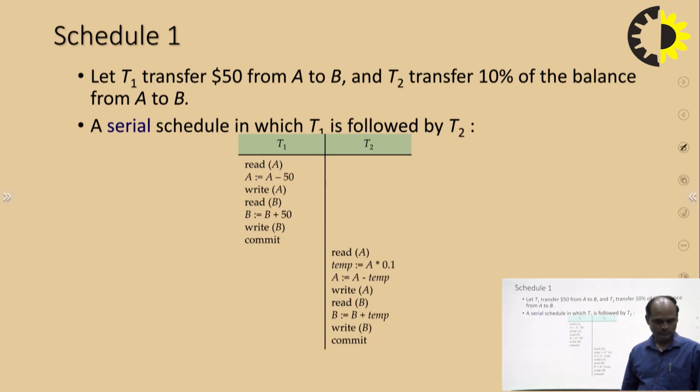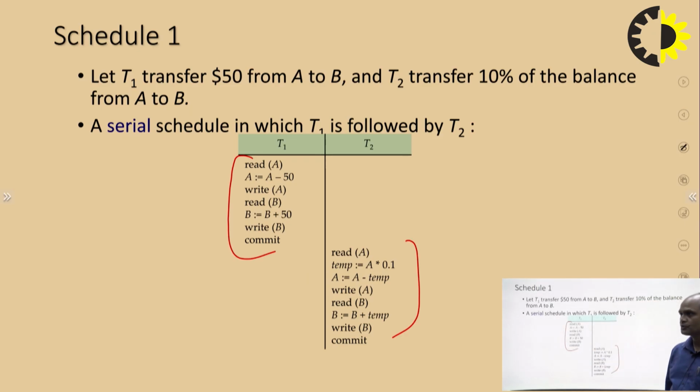What is a schedule? Suppose we have a T1 schedule and a T2 schedule. In T1, we read the item, write, and commit the transaction. In T2, we read a temporary variable, we read and write, and we use the commit operation also.